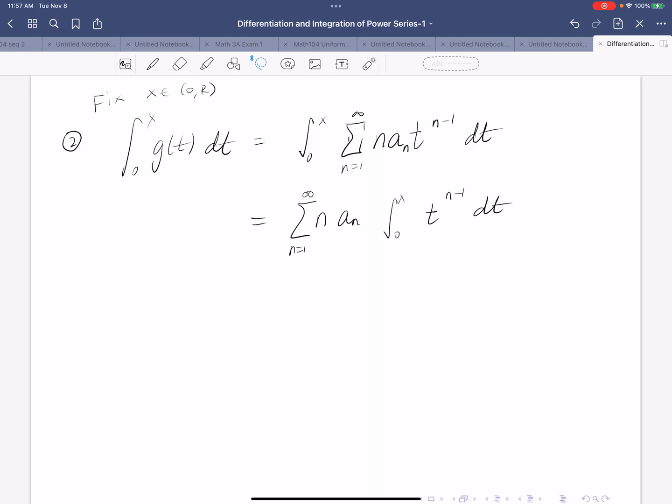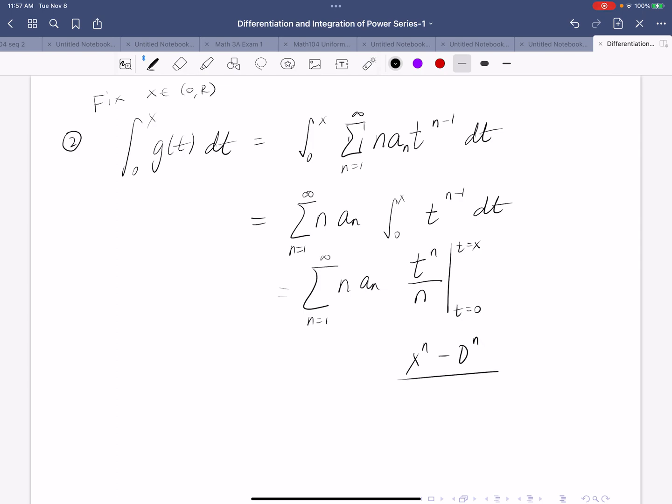Okay, so now I need to figure out how to integrate t to the n minus 1. That's just going to be t to the n over n, and this is from 0 to x. So we'll get x to the n minus 0 to the n, over n, times a sub n.